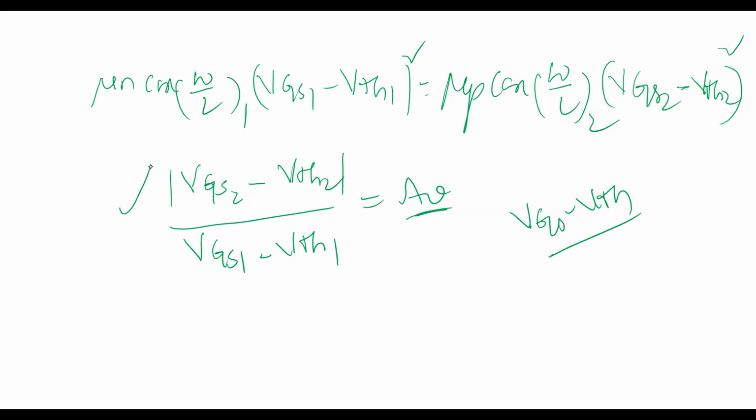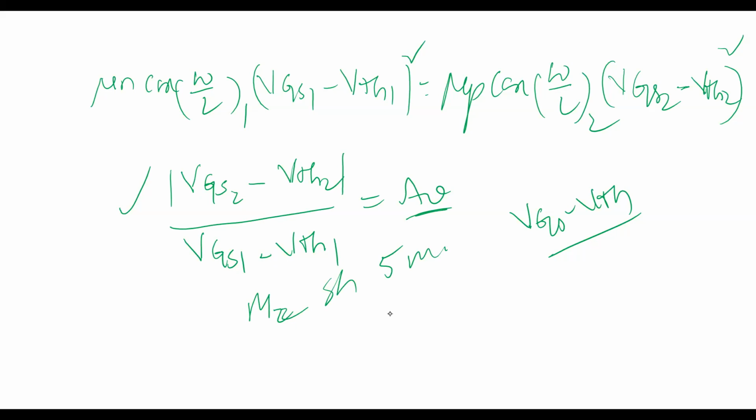So to get high gain, the condition is that the overdrive potential VGS minus VTH of M2 should be 5 times more than VGS1 minus VTH1.